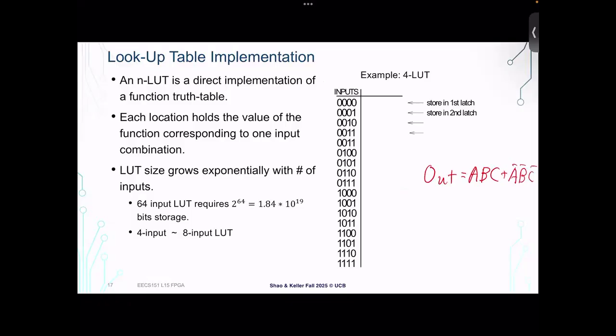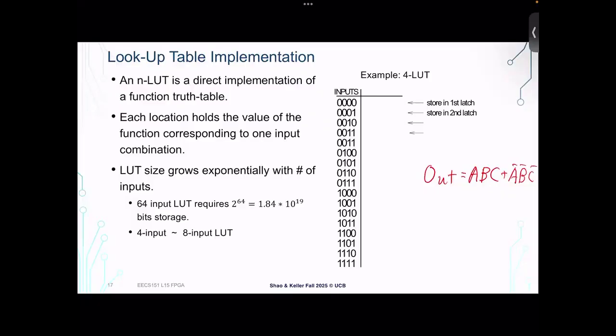This is a valid combinational function. I'm confident that you all could, if asked in an exam setting, translate this into logic gates, NANDs and NORs and so forth. But in an FPGA context, we are not going to map it to logic gates. We're going to map it onto this LUT.